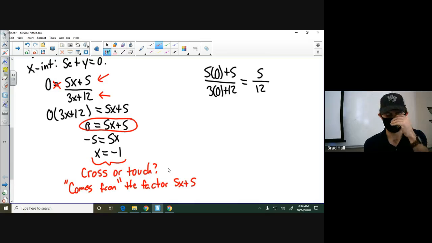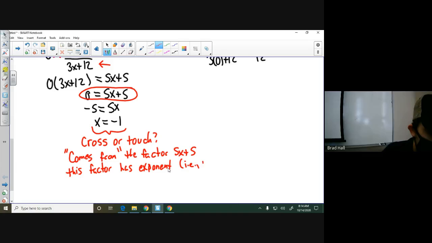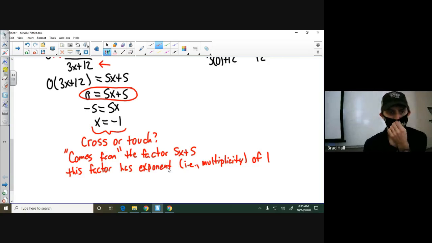The exponent is understood to be 1. This factor has exponent, i.e. multiplicity, you might recognize that word, of 1.